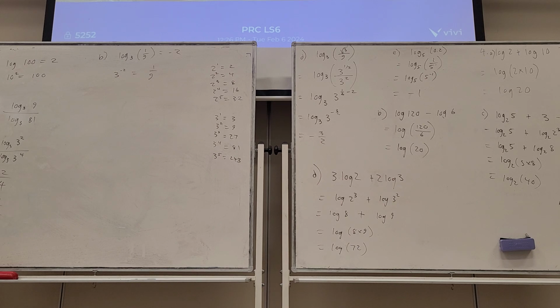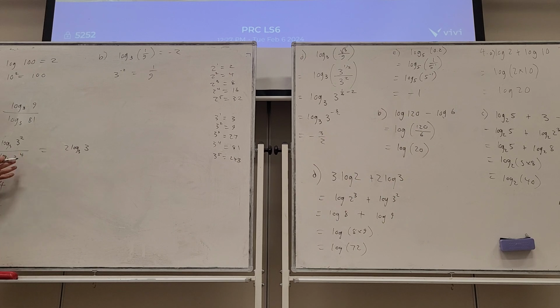Okay? The other connection I wanted to make is, if we've arrived at this step, one of the third log law we've learned is we can bring this number out the front. We could express this as 2 log 3 of 3. We can bring that power out the front.